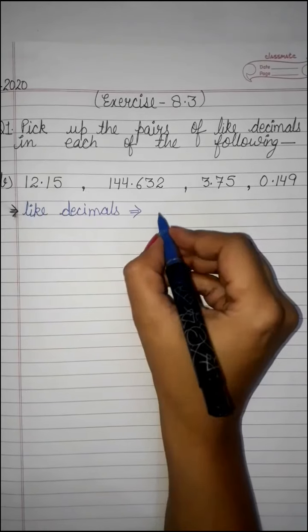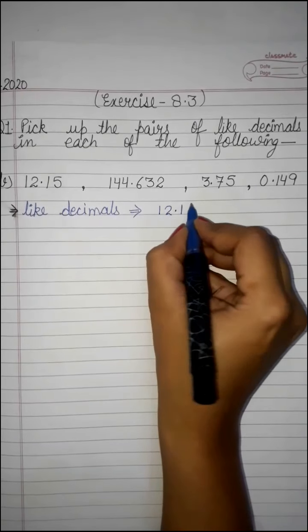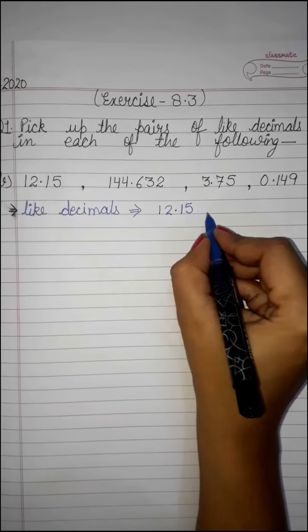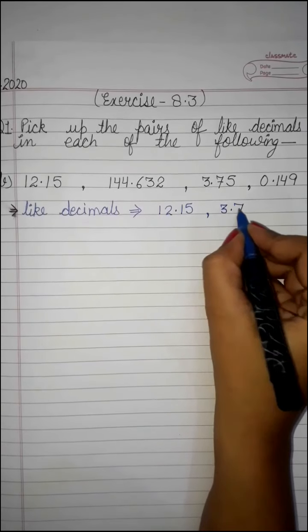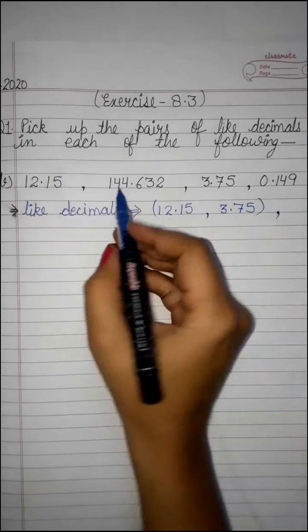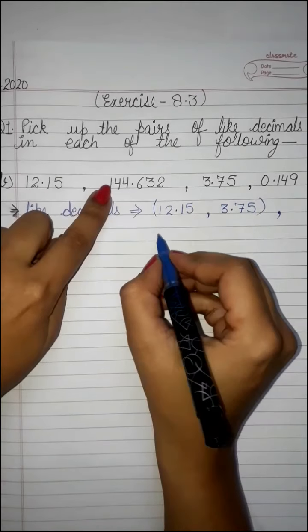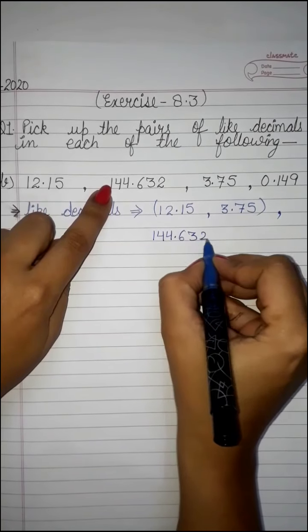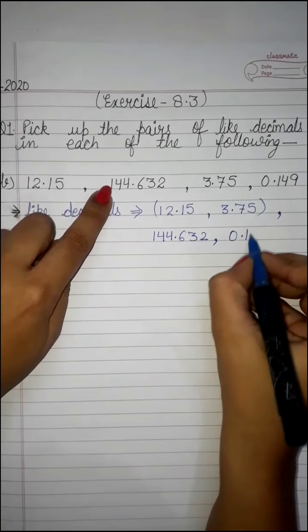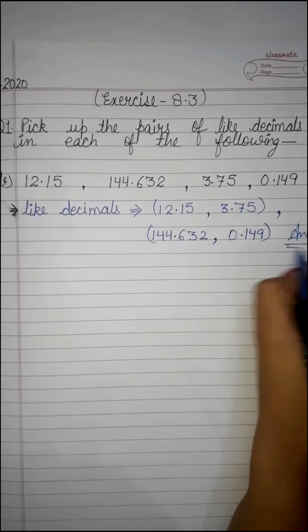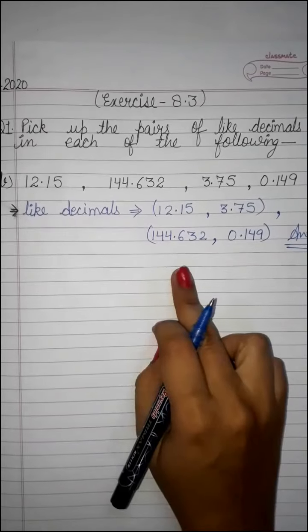So it will be 12.15, 2 decimal places, and this one 3.75. Put one bracket. Then another pair we can make is this one, 144.632 and 0.149. So this is the answer. In this way you have to make the pairs.